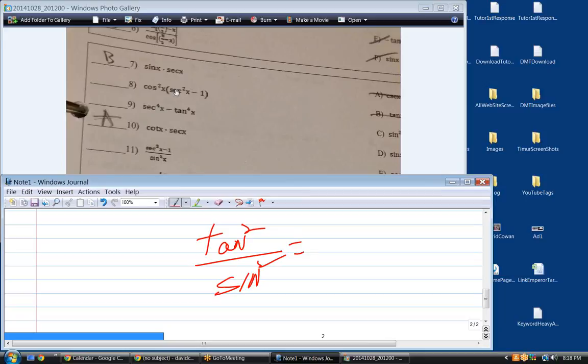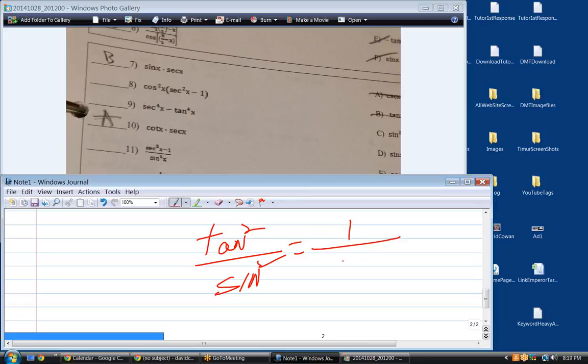We could relate secant squared x minus 1 with tangent, and now we can relate tangent with sine and cosine. What's tangent's quotient identity? Sine over cosine. So what does this become? Sine over cosine divided by sine.